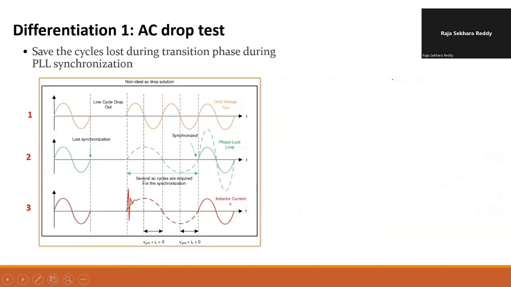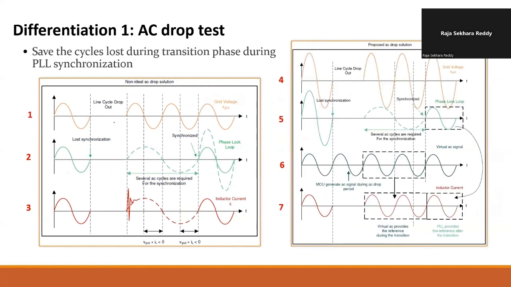These are test results. Then there's something known as the AC drop test. What happens if your supply is lost and then comes back again? Your synchronization will take a lot of time because the phase lock loop takes some time to lock into the input frequency.